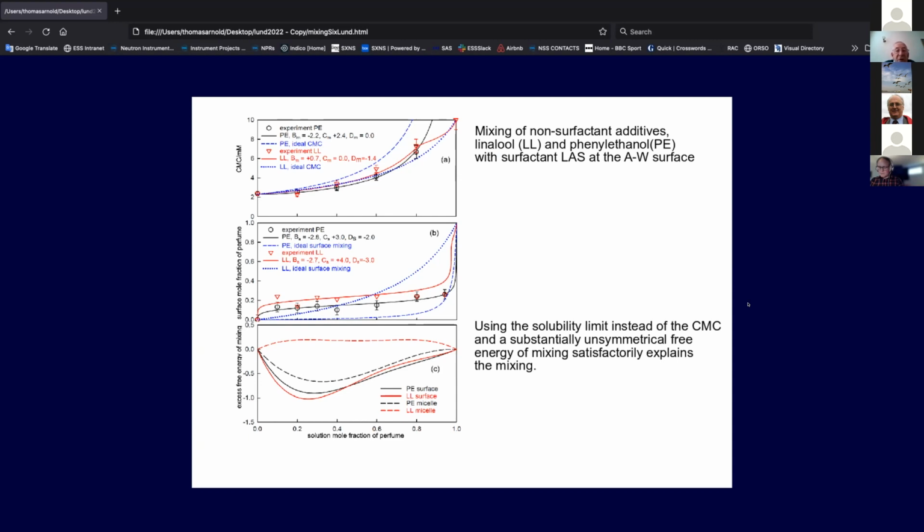So here we've done it for two systems. And what we've done is we've tried to use simply the solubility limit of the linalool and the phenyl ethanol instead of the CMC. And lo and behold, it works absolutely perfectly. So if you look at B, you'll see that a very flat presence of PE and linalool occurs at the surface. It varies very little over the whole range, but the calculation accounts for it beautifully.